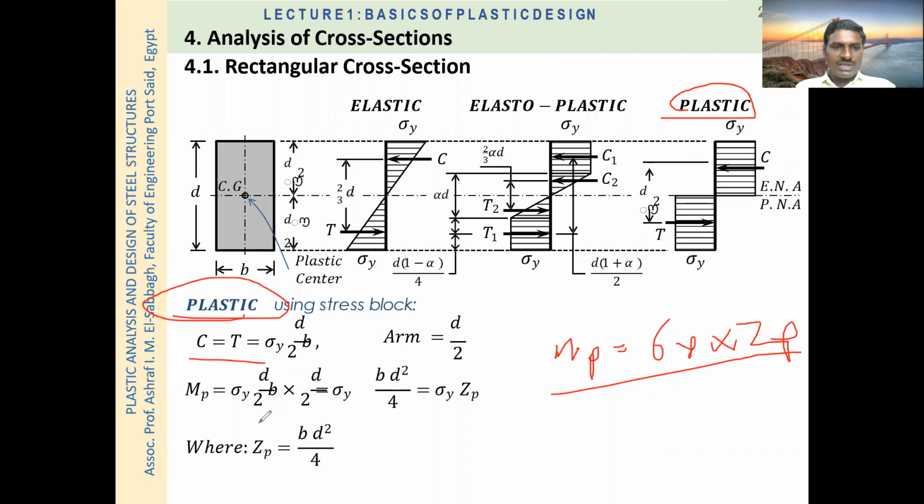So for calculation of ZP, we have used the formula where ZP is equal to BD square by 4 for the rectangular section. How to calculate ZP? ZP is equal to area in compression into x bar 1 plus area in tension into x bar 2.